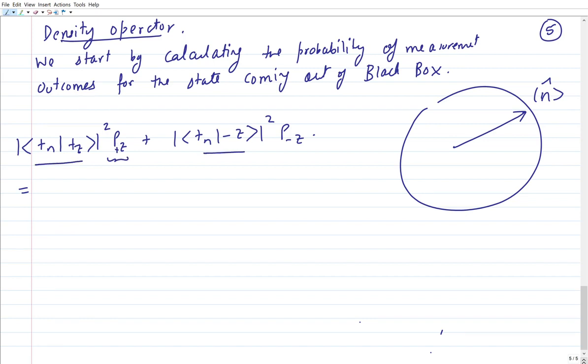This is the probability of getting the result plus eigenvalue of the nth direction. So what does it give me? It gives me, I'm just going to expand it out.